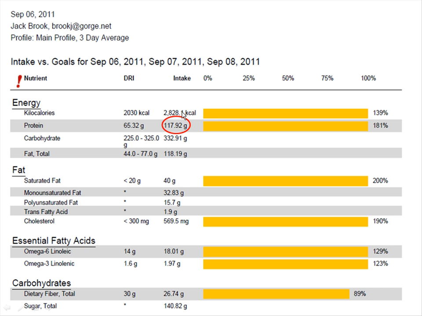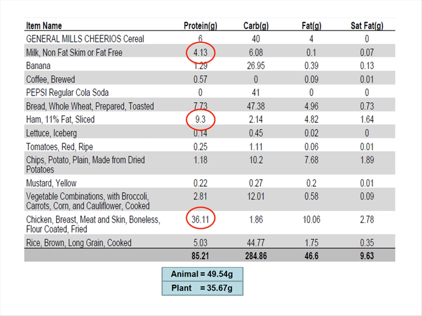Okay, then take the grams of plant, say 50, divide that by 118, multiply that times 100 to get a percentage, and that'll give you a percentage of plant. Okay, take 100% minus plant percent gives you animal percent, and that'll get you to where you need to be as far as how much animal and how much plant.